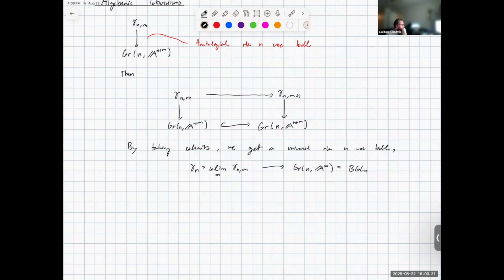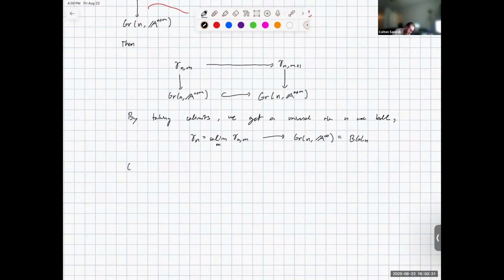So what do I want to do with this? Here's an observation. If we consider the product A1 cross gamma n over BGLn, this is a product of vector bundles where I'm looking at A1 as a trivial vector bundle, and gamma n as the usual one. So this is the product of bundles.